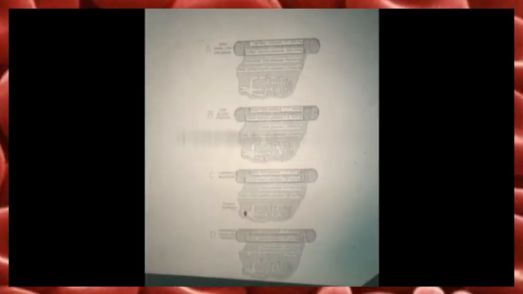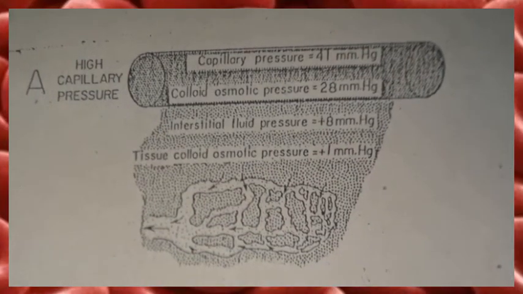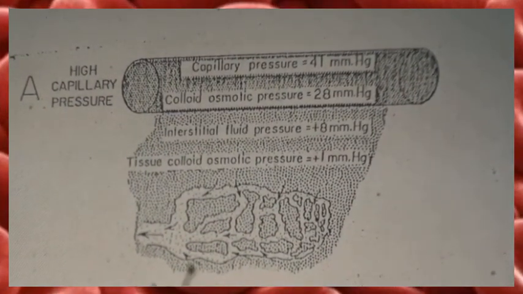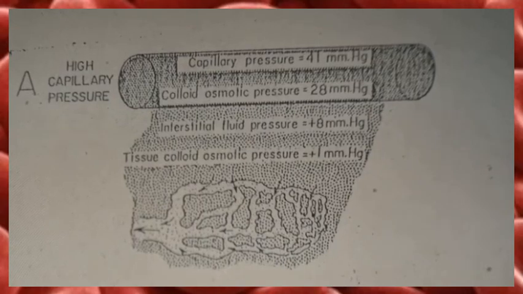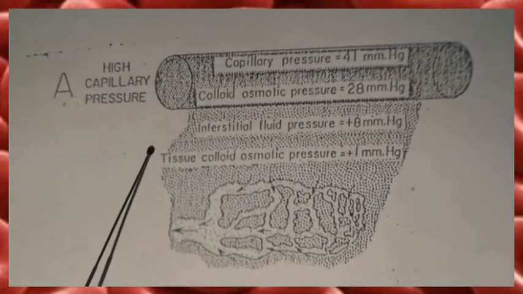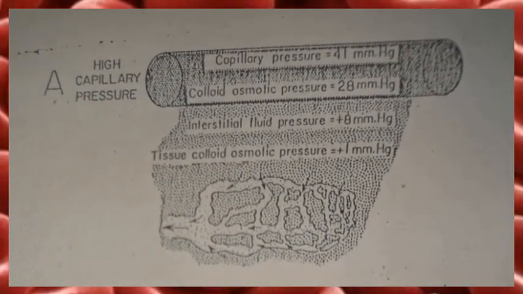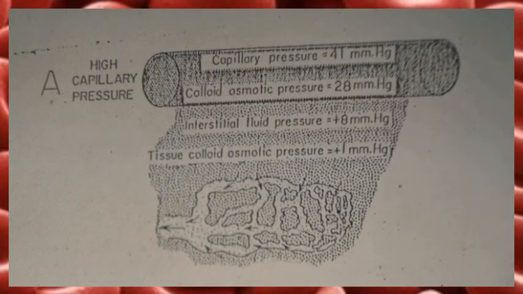First, high capillary pressure. When there is high capillary pressure, a lot of fluid is filtered from capillaries into the interstitial spaces, and not all the filtered fluid is returned to the venous end.